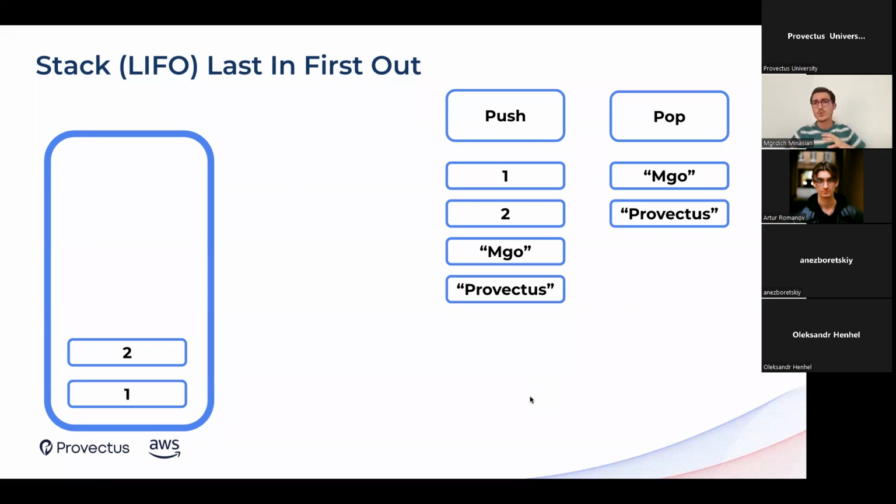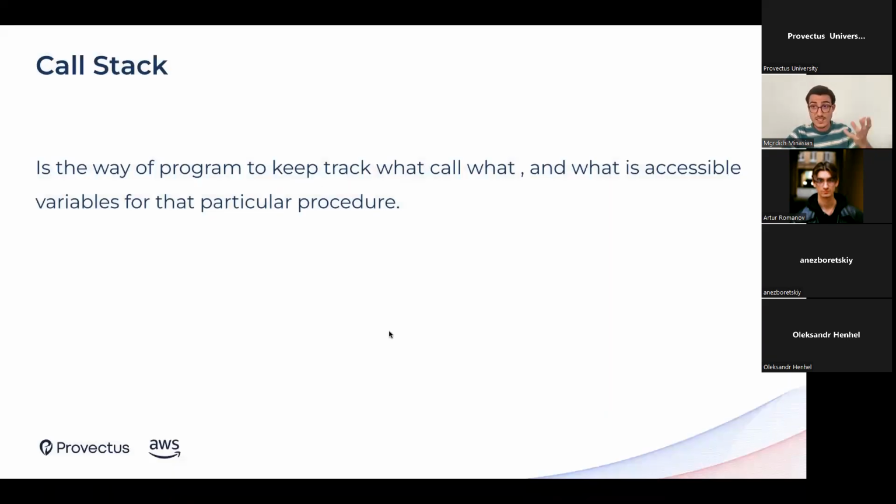So some of you are wondering, why is he explaining something that maybe we never use in our daily life? The next thing is that we use the stack in order to create something called the call stack. The call stack is the way for the program, the compiler, the code executor, to keep track of what's calling what and where it is, and what the accessible variables are for that particular procedure.